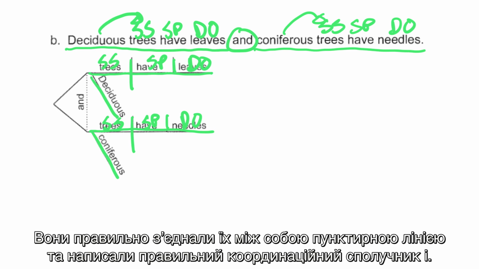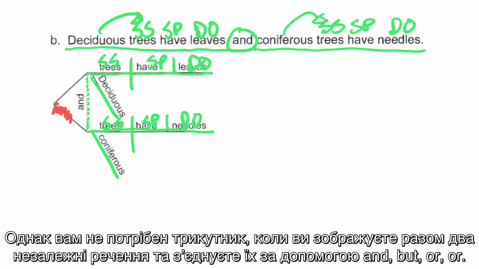They connected these together with a dotted line correctly, and they wrote the correct coordinating conjunction, and. However, you do not need the triangle when you are diagramming two independent clauses together and conjoining them with and, but, or.